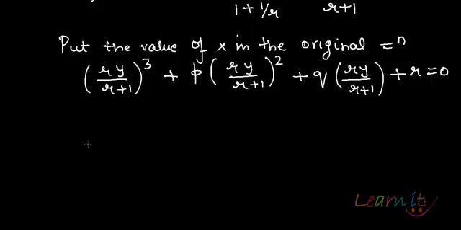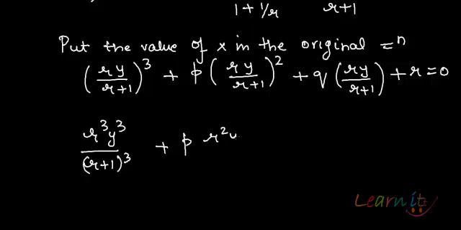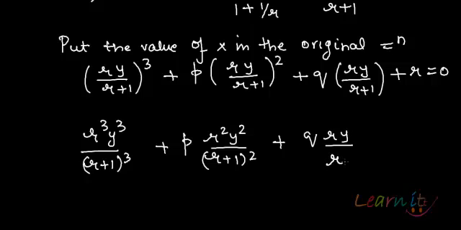So hence this equation would look like r cube y cube upon r plus 1 whole cube plus p into r square y square upon r plus 1 whole square plus q into r y upon r plus 1 plus r equals 0.